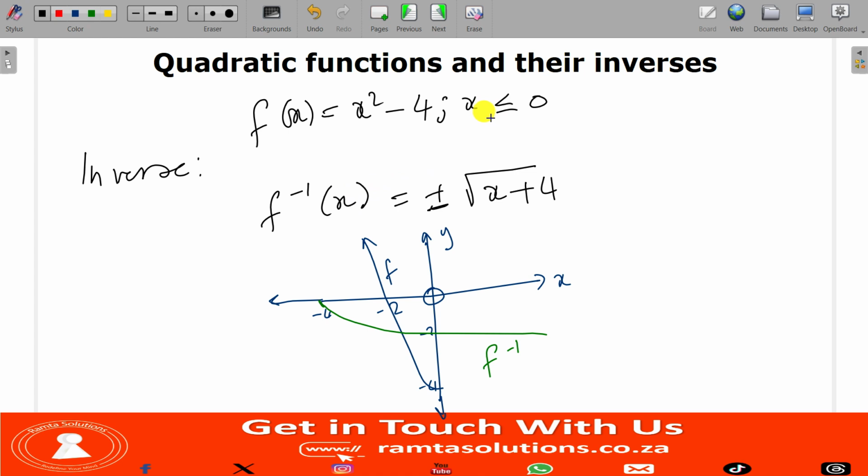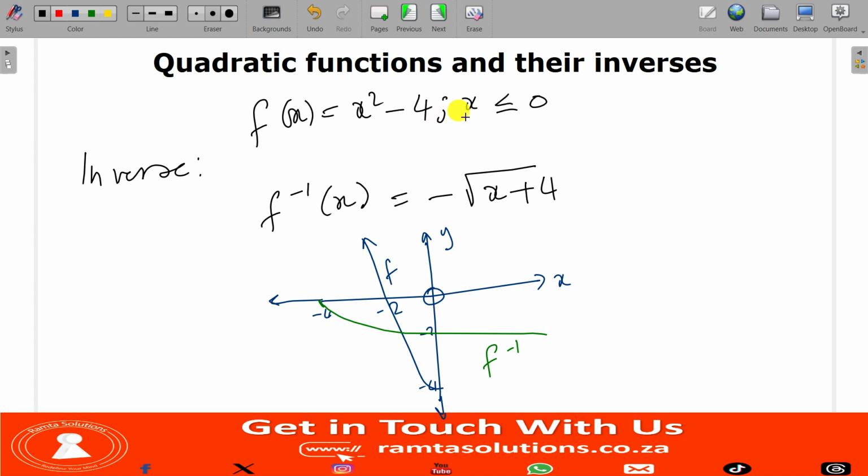Therefore, remember what was y becomes x, what was x becomes y. So because we have said this, you don't have to use plus or minus. You will use minus. As simple as that.